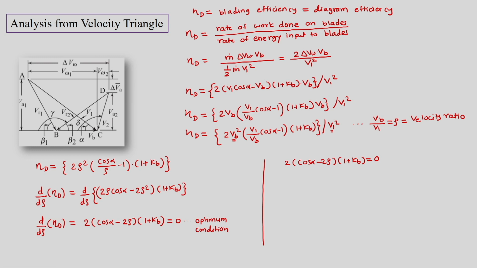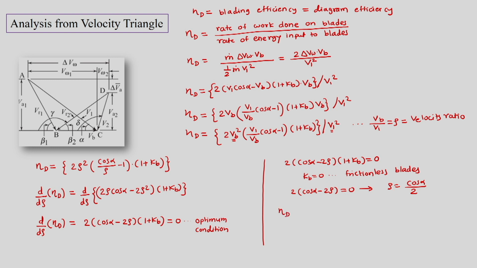So, this leads to the fact that we will have rho is equal to, now we will assume KB is equal to 0 for frictionless blades. So, we will have 2 into cos alpha minus 2 rho is equal to 0, and this leads to rho is equal to cos of alpha by 2. So, this is called rho optimum.